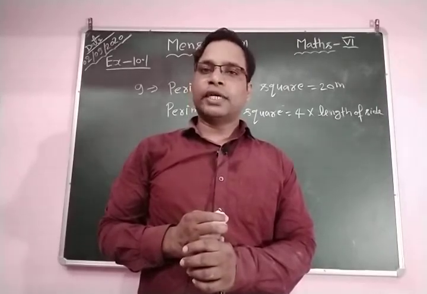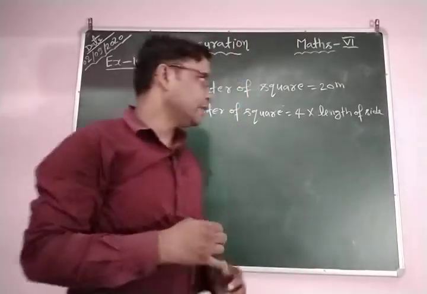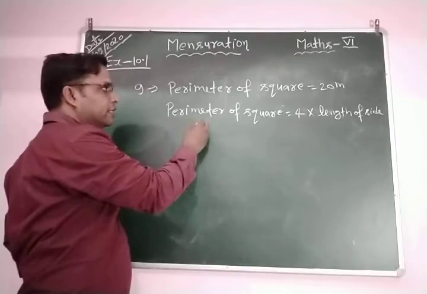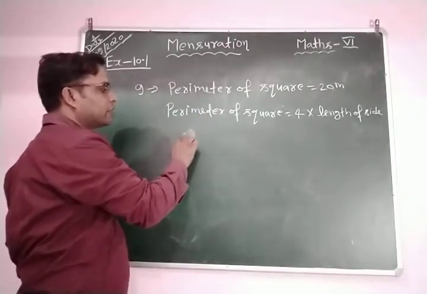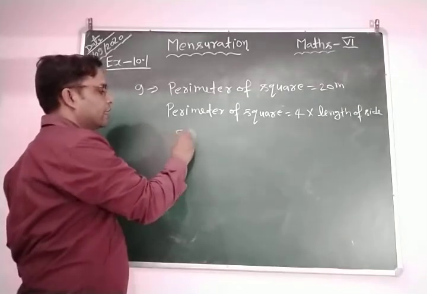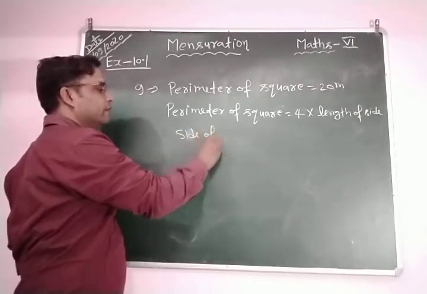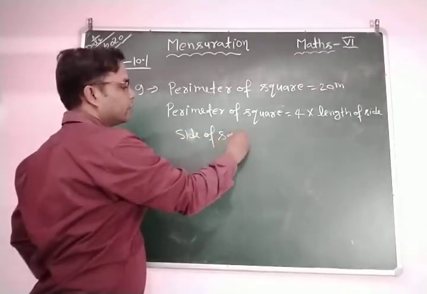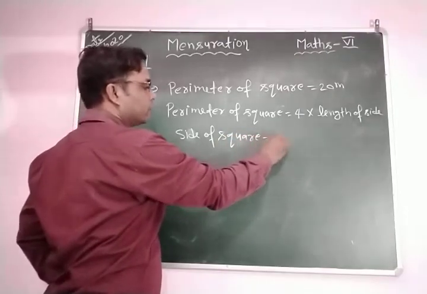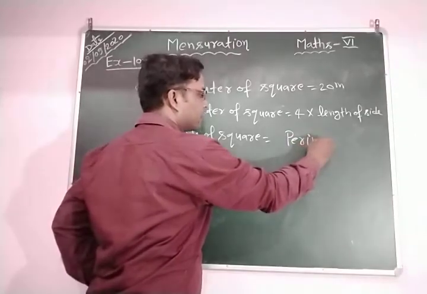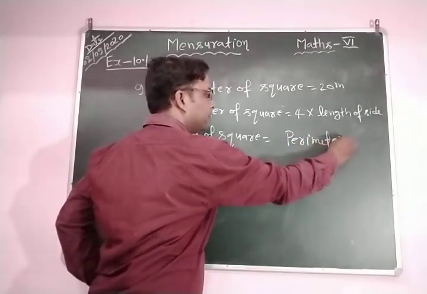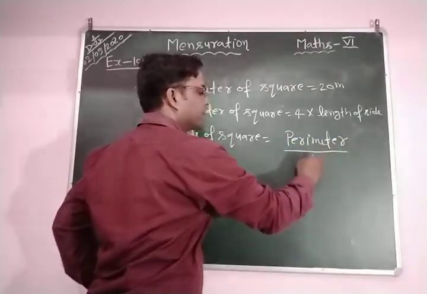But here the perimeter is given 20 meter, or simply you can say the side of the square is equal to the perimeter of the square by 4.